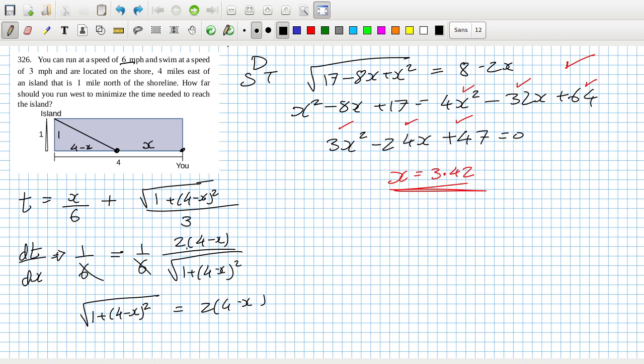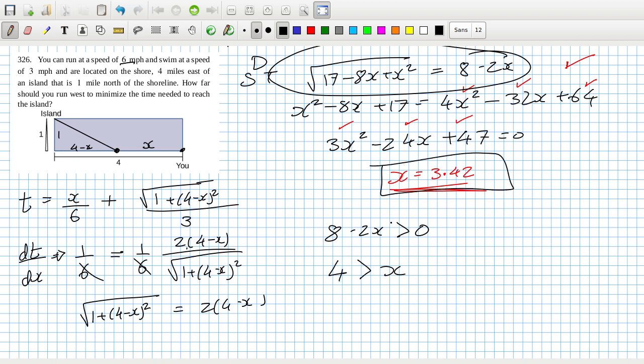That can't be 0. Oh, here. 8 minus 2x should be positive. So that means x should be less than 4. Otherwise, this equation, yeah, okay.